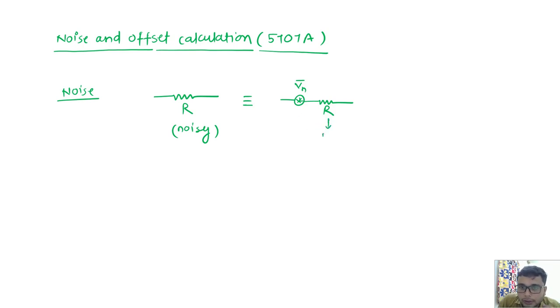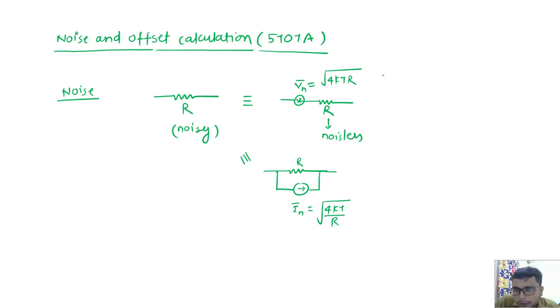Now this resistor is noiseless, and the value of the noise voltage is 4kTR. Also we can model a noise current in parallel with this noiseless resistor. This current is IN bar, which is nothing but 4kT by R. In general its unit is volt per root hertz, and the current's unit is ampere per root hertz.